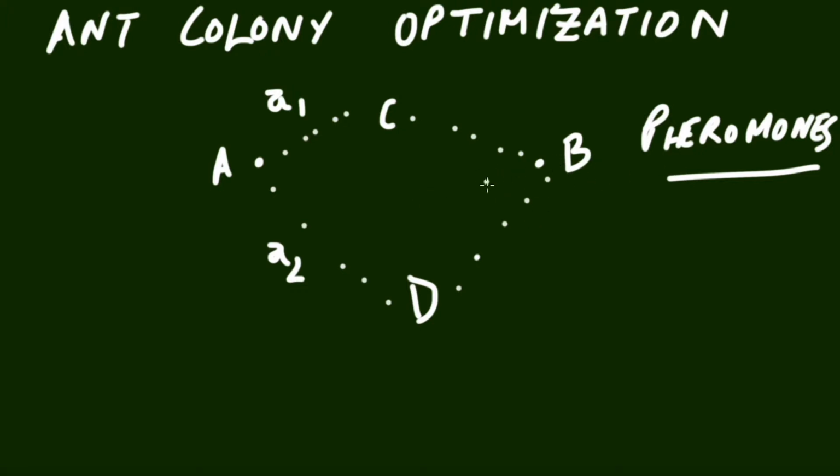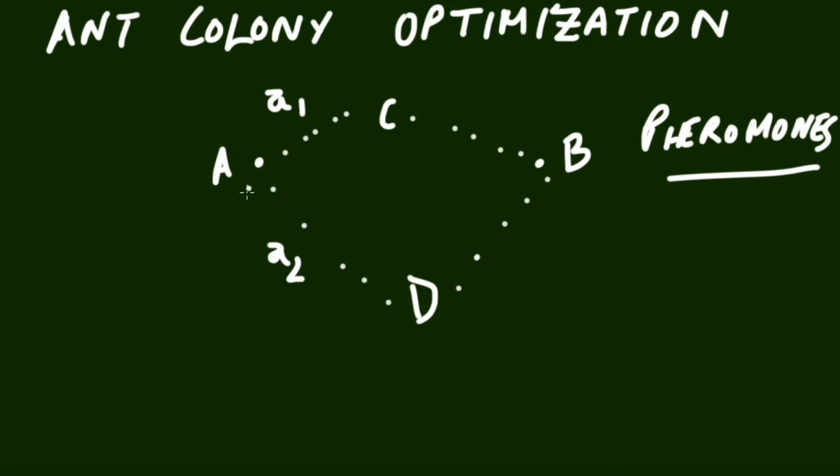The interesting thing about pheromones is that they evaporate at a constant rate with time. So as you can imagine, by the time both our ants reach back to the colony, the concentration of pheromones on the shorter path would be higher than that on the longer one, since it takes longer for ant 2 to return back.